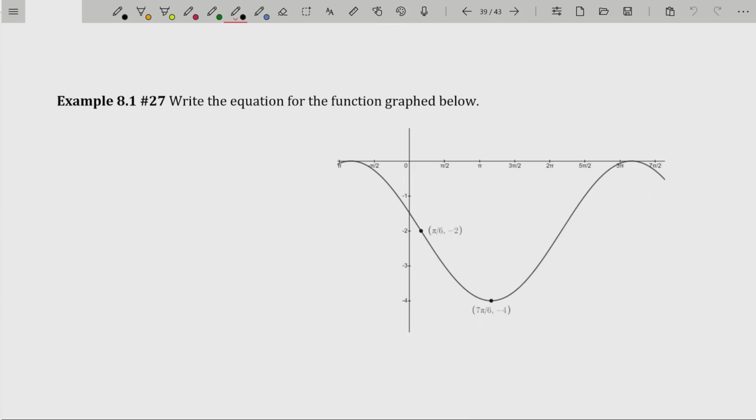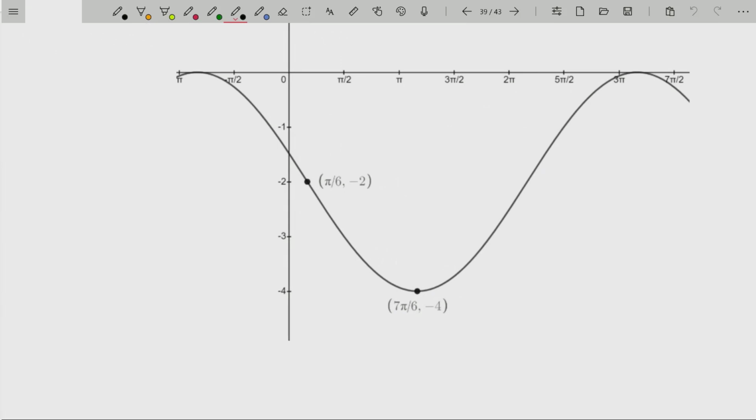So that's what I think I'm going to do with this last example. It looks like they handed me a sine curve. While I could technically try to do a cosine curve here, the problem with trying to do a cosine curve here is they gave me a minimum, but they did not tell me where this maximum occurred.